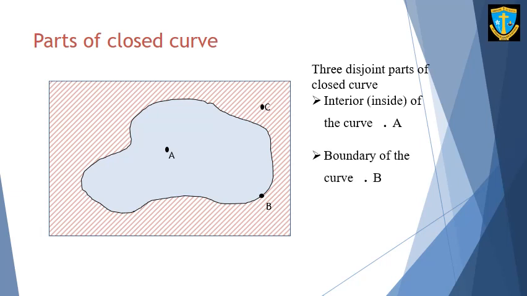Now point B is present on the boundary of the curve. And point C is on the exterior of the curve, or the outside region as we call it. So if any points are given and you are asked where this point is lying, you have to answer either interior, boundary or exterior of the curve. So the curve has three disjoint parts.